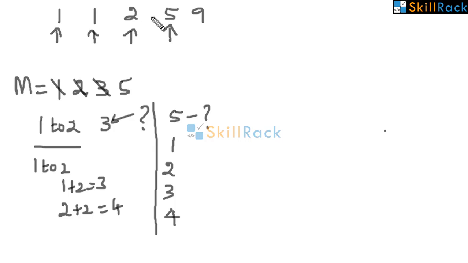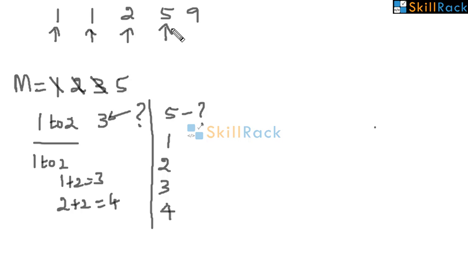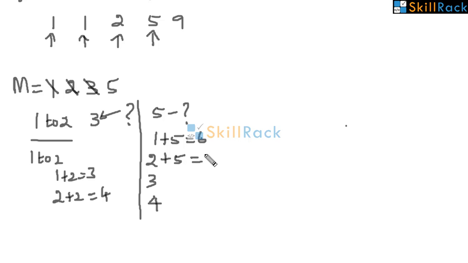Using all the previous weights, you can measure 1, 2, 3, 4. Now 5 is coming newly. So you can measure 1 plus 5 is equal to 6, 2 plus 5 is equal to 7, 3 plus 5 is equal to 8, and 4 plus 5 is equal to 9. Of course, you can measure 5 directly with the 5 itself. So till 9 you can confirm that you can measure. That is the reason when you are adding 5 to it, it becomes 10, which means we have to check from 10 only. Till 9 it is confirmed that we can measure using the weighing scales given.